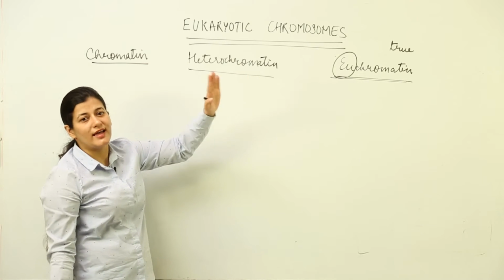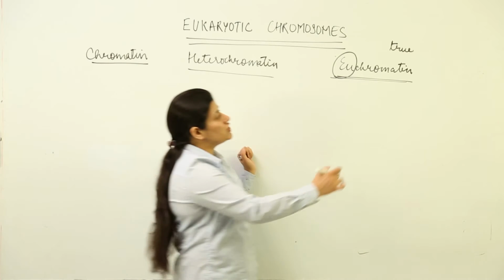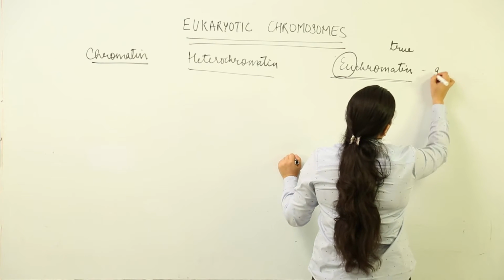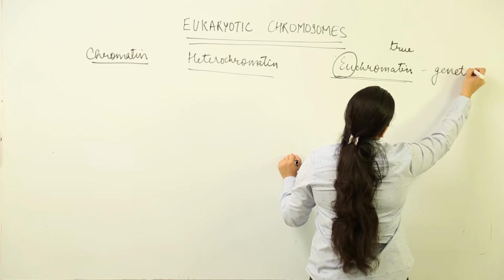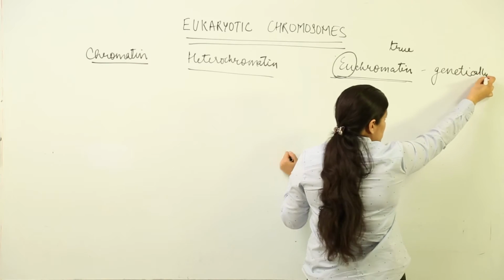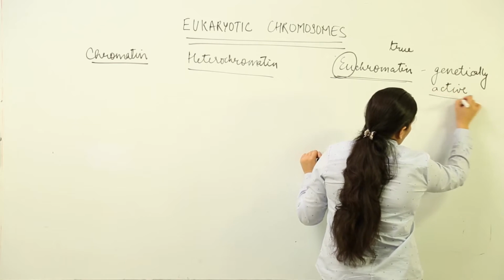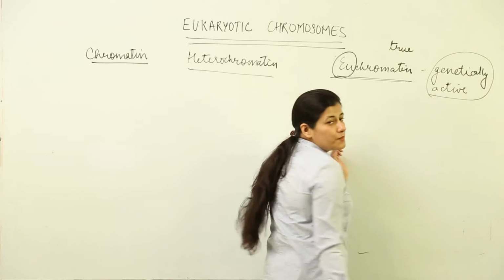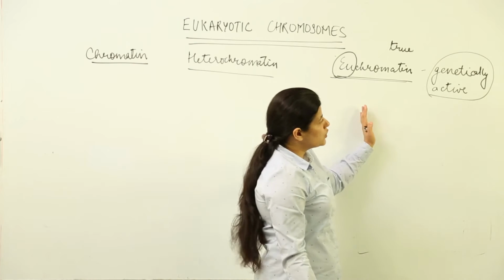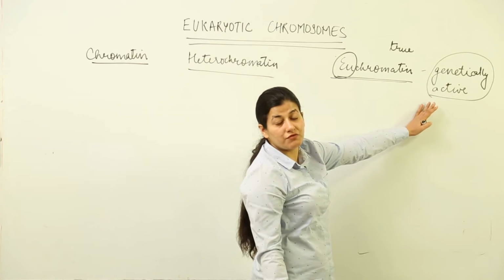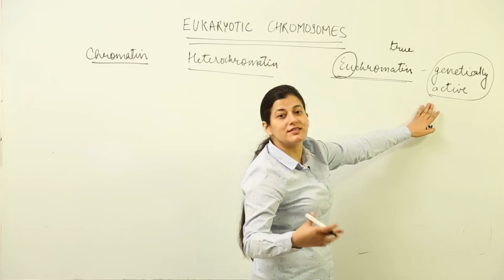Euchromatin refers to that chromatin material which is genetically active. That means the rest of it is inactive. Is it lazy? When I say genetically active, it means that part of the chromosome which contains the genetic information that actually gets expressed.